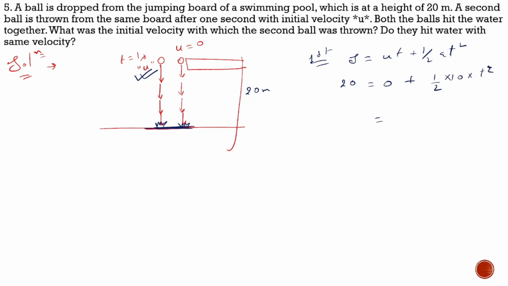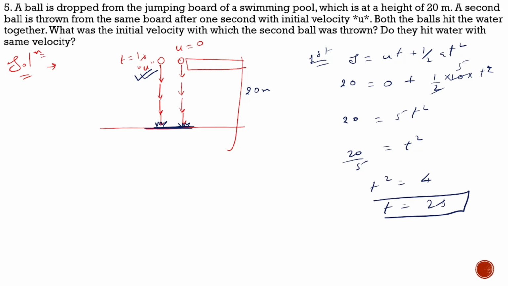It will give you how much time it took to fall to the surface of the water. 20 equals 5 t square. T square equals 20 by 5, T square is equal to 4. T equal to 2 seconds. Okay, the first ball took 2 seconds to fall.